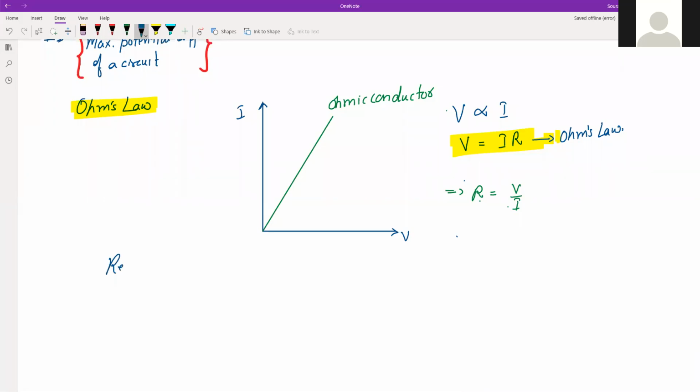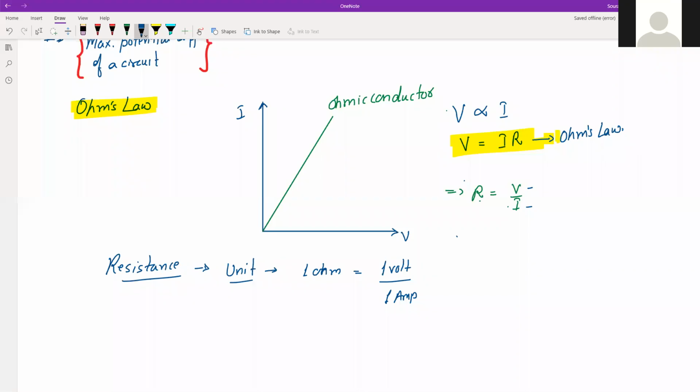If we talk about resistance, what is the unit for resistance? So the unit is 1 ohm, which is equal to, as you can see here, V by I. So 1 volt divided by 1 ampere, right?